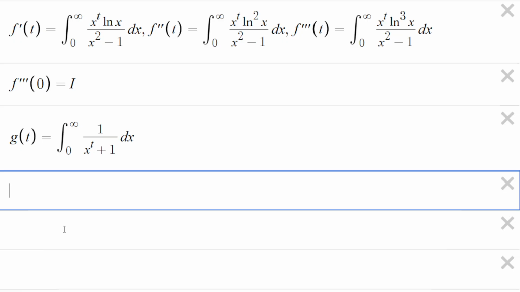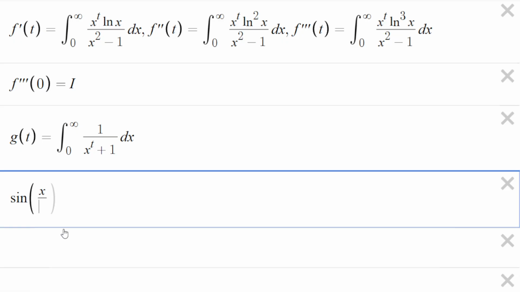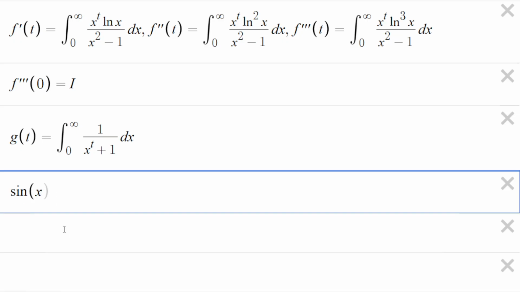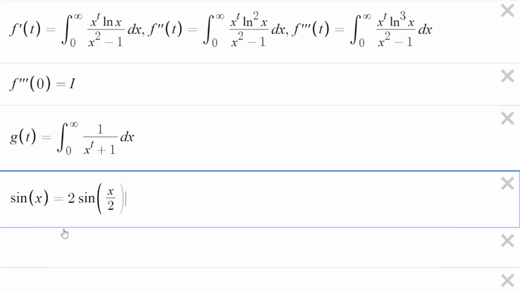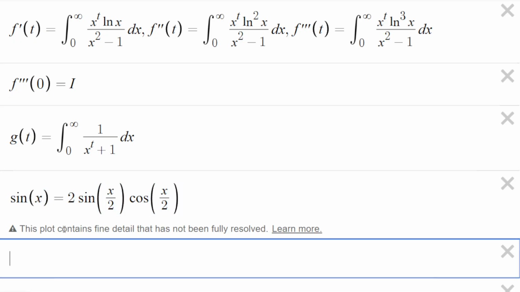All right, I hope you would all agree that sine of x is equal to 2 sine of x over 2 cosine x over 2, right? Okay. So from there, we can say this.